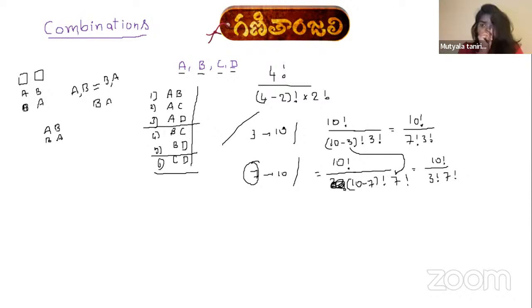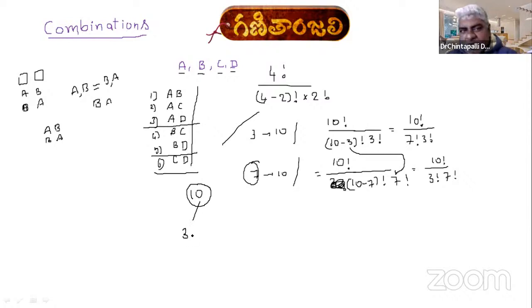That means you have a list of 10 friends. You have decided to invite 3 of them to a party. See one thing: inviting 3 friends means not inviting 7 friends.